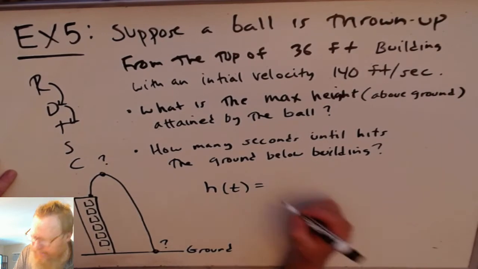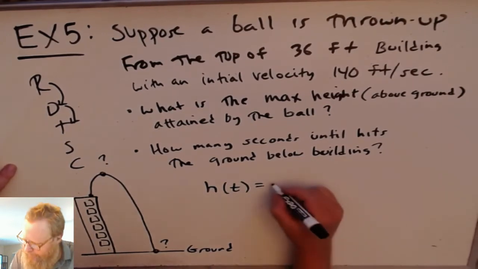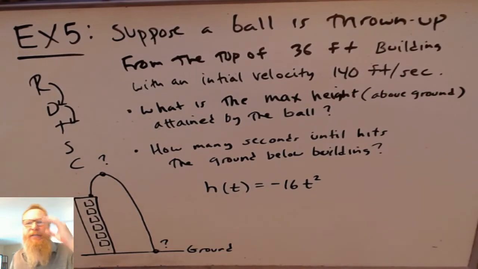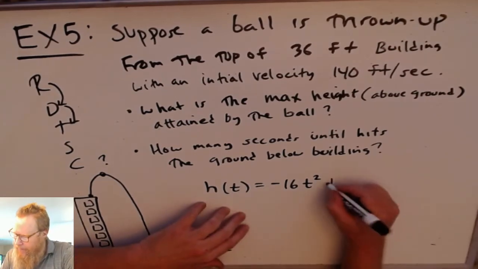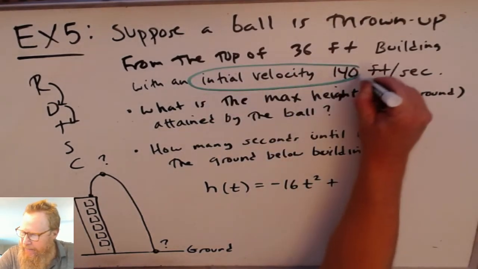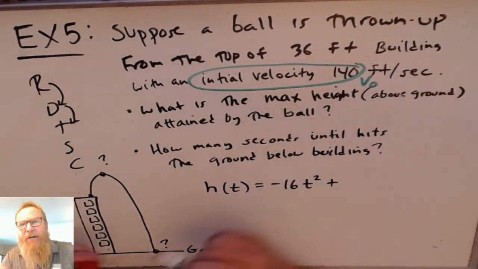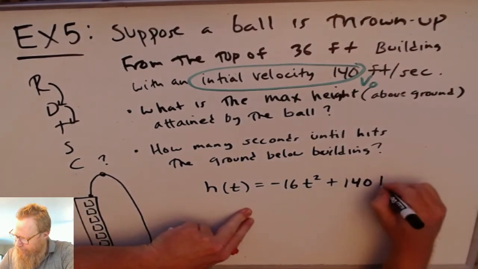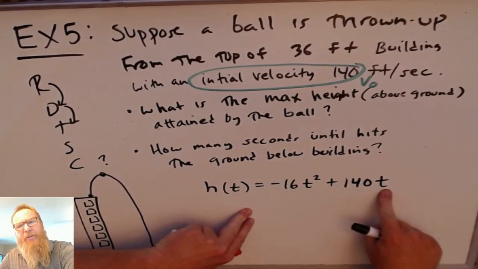So again, we have the same height function, negative 16t squared, plus the initial velocity, that's your v0, times t. Make sure you include the variable on that one.